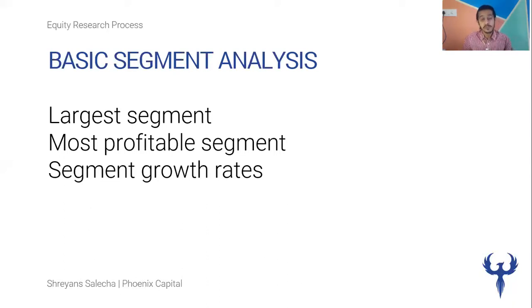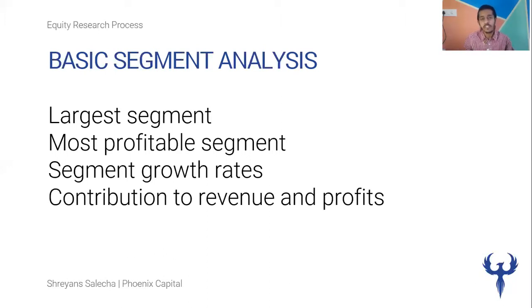Then you have segment growth rates. Now this is also very important because this would give you an idea about which operating segments or which kinds of businesses are the drivers for future growth, right? And you can also understand whether the company is focusing on these particular segments or not, when we move on at the later stages of our analysis. And finally, we can also understand the contribution to the total revenue and the total profits, or the percentage of assets and liabilities that are being allocated to a particular segment.